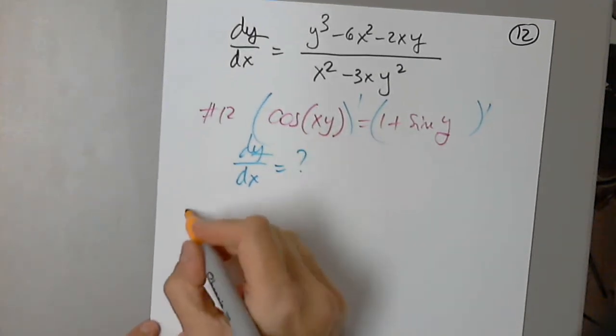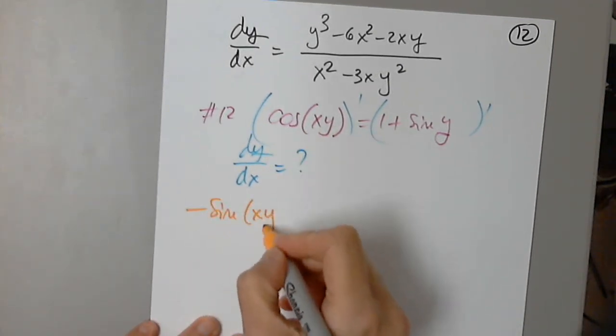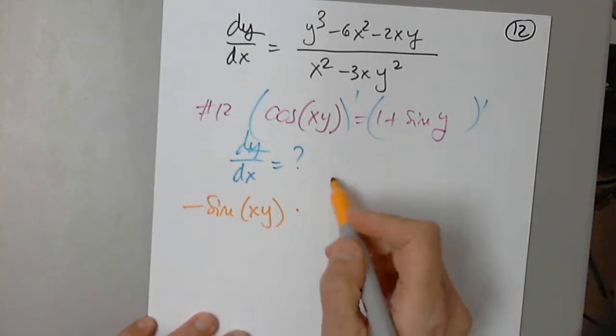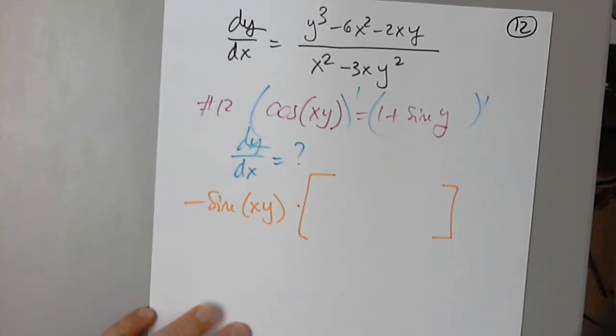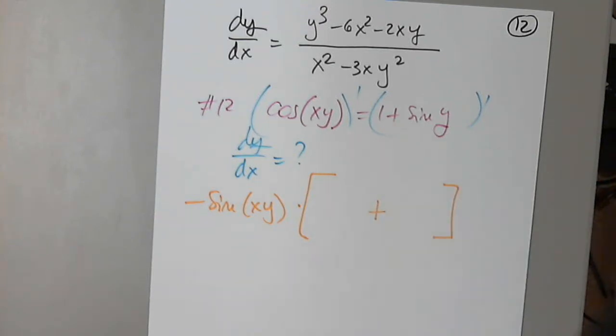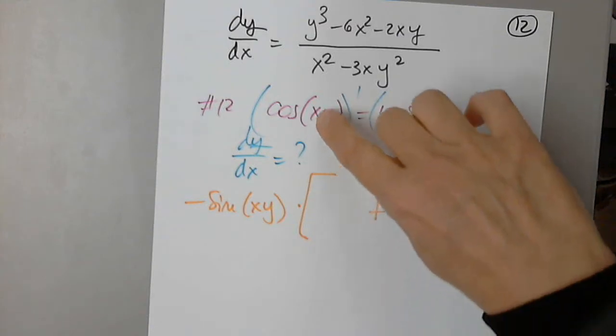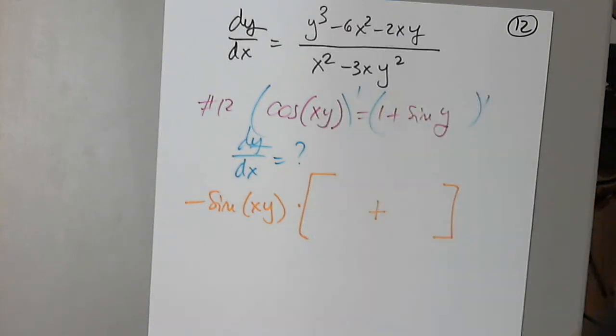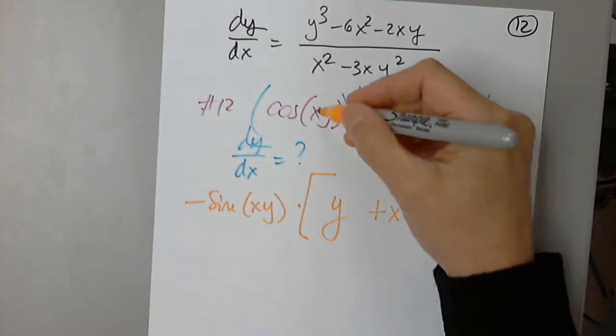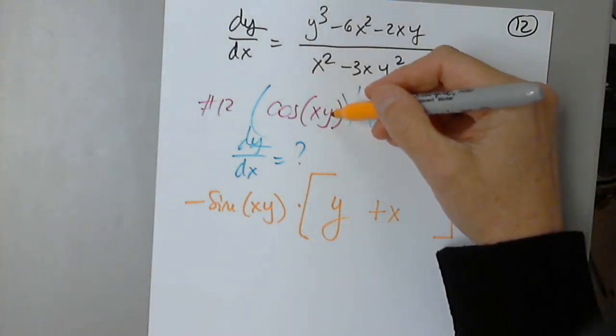Very good. Cosine prime is negative sine of xy times the inner function prime, which has to be a sum of two terms because it comes from differentiating a product. So the first function prime is 1, times the second function plus the first function times the second function prime.